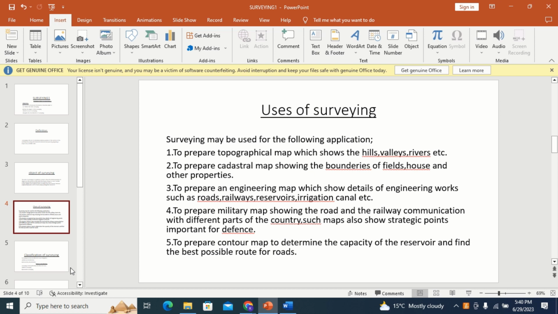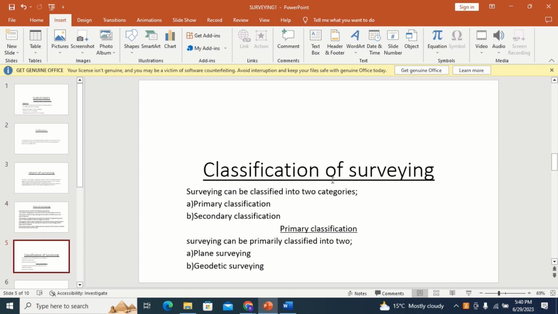If you are able to see the screen, I'll request one of you to read for me the classifications of surveying.